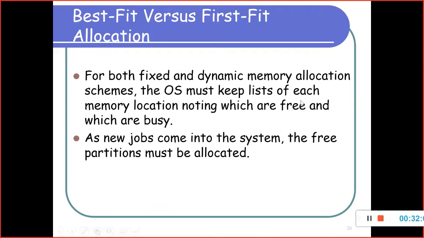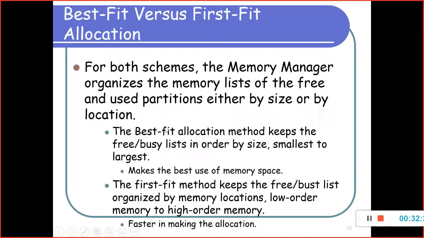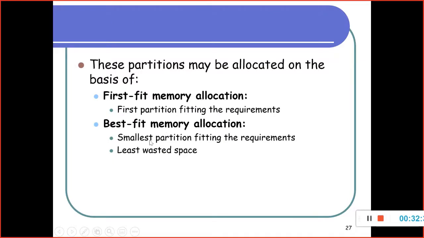So for both fixed and dynamic memory allocation schemes, the OS might keep lists of each memory allocation, noting which are free and which are busy. As new jobs come into the system, a free partition must be allocated. These partitions may be allocated on the basis of first fit memory allocation, the first partition fitting the requirements, or best fit memory allocation, the smallest partition fitting the requirements.